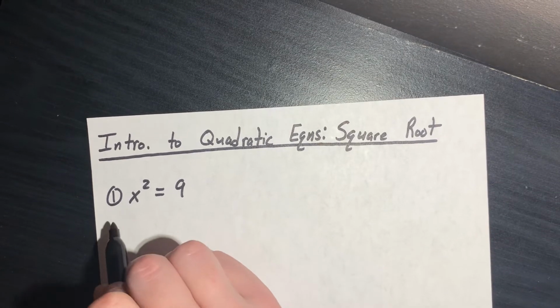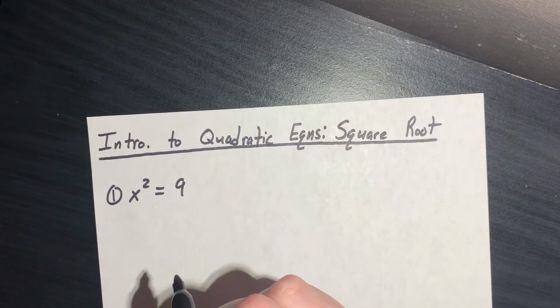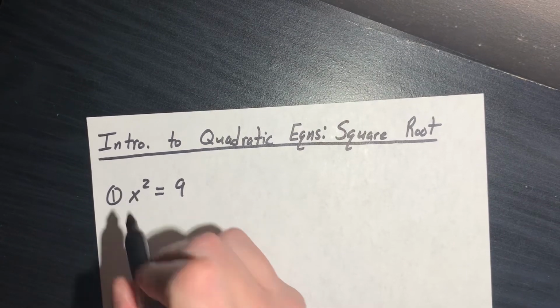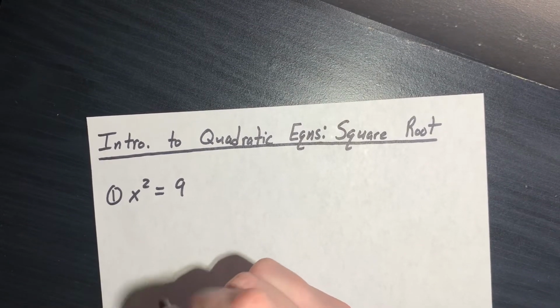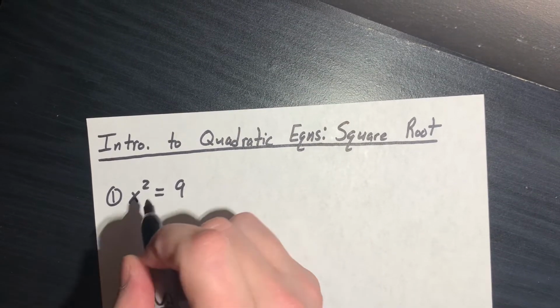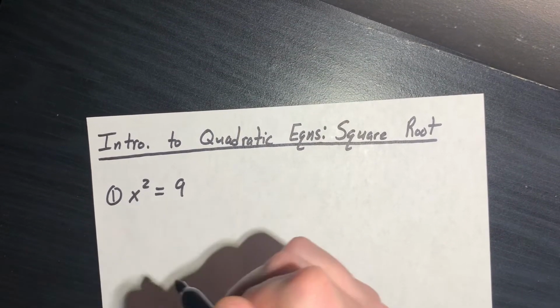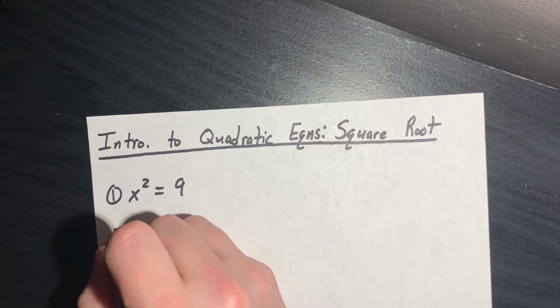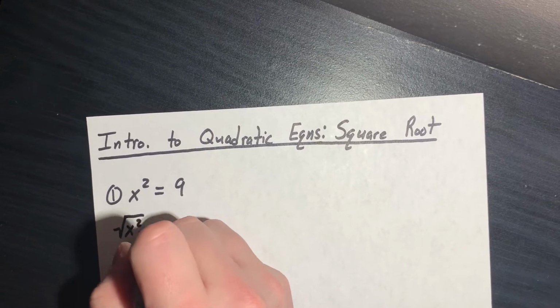First of all, when we're solving for x, we want to solve for just x. In this case, we've got 1x squared. In order to get rid of a power, in order to get rid of anything that's squared, we have to take the square root. So our next step will be to take the square root of both sides.